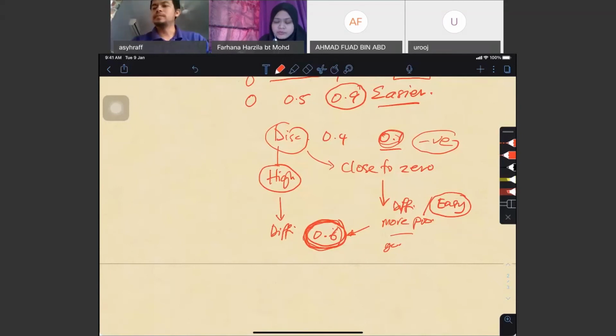This index can be used for CR and SR questions, right? Good question. Most of the textbooks explain item analysis for SR kind of questions. However, you can still use item analysis, let's say for an essay.